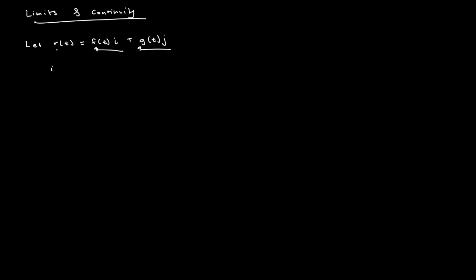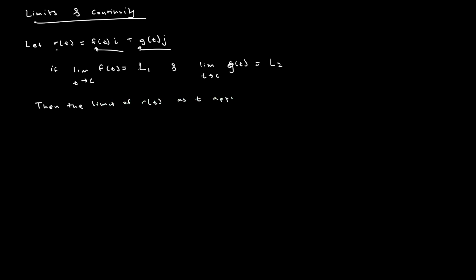And if the limit as t tends towards c of f(t) is equal to some value L1, and the limit as t tends towards c of g(t) is equal to some value L2, then we say the limit of the vector function r(t) as t approaches c is equal to this limit, but this is a vector now, so it's a bolded L, and that is simply equal to L1 i plus L2 j.